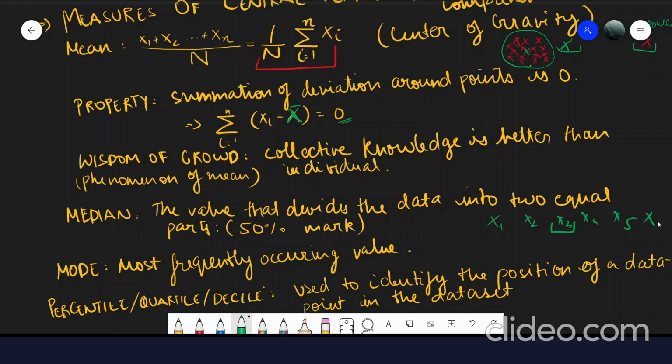And if I have x6 over here, then the median would be the average of x3 and x4 if I add another data point here.